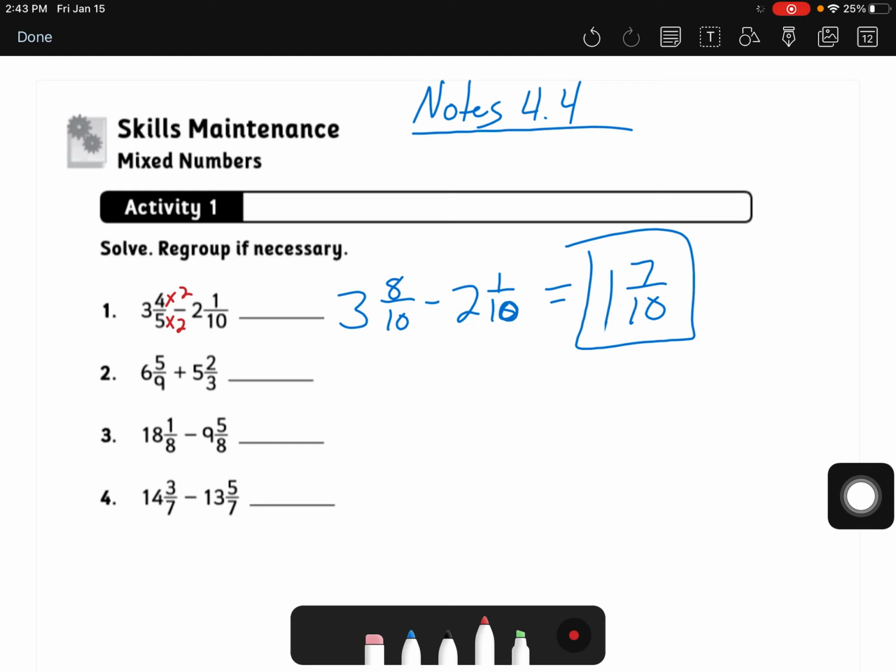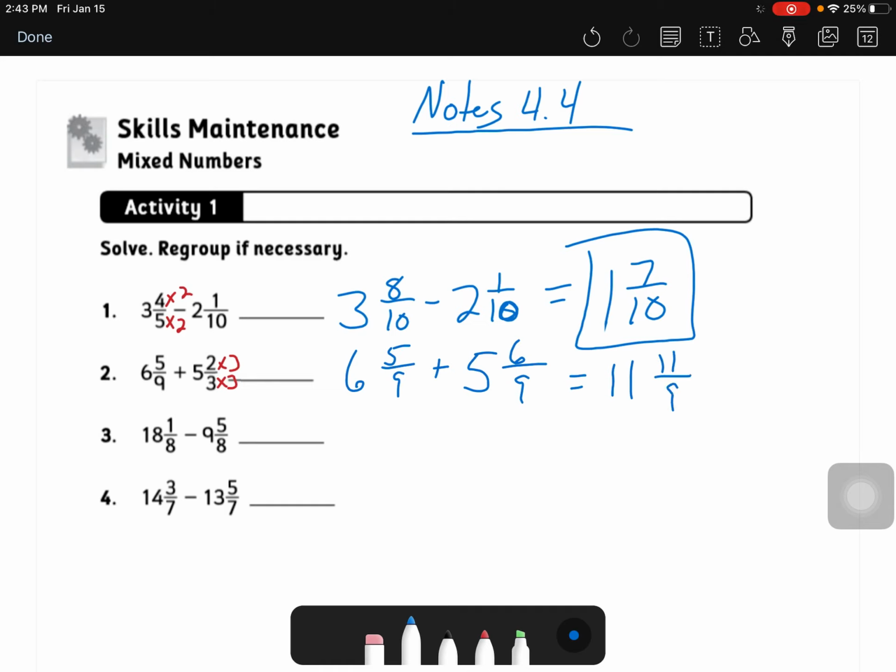Okay, next one we've got 9 and 3, so I'm going to times by 3. Let's get common denominators there. So I've got 6 and 5/9 plus 5 and 6/9. When I add those, I'm going to get 6 plus 5 is 11, 5 plus 6, 11.